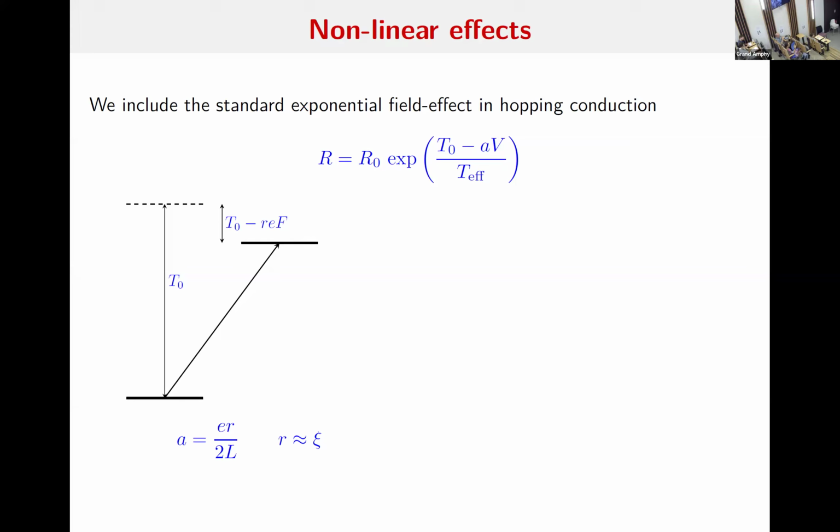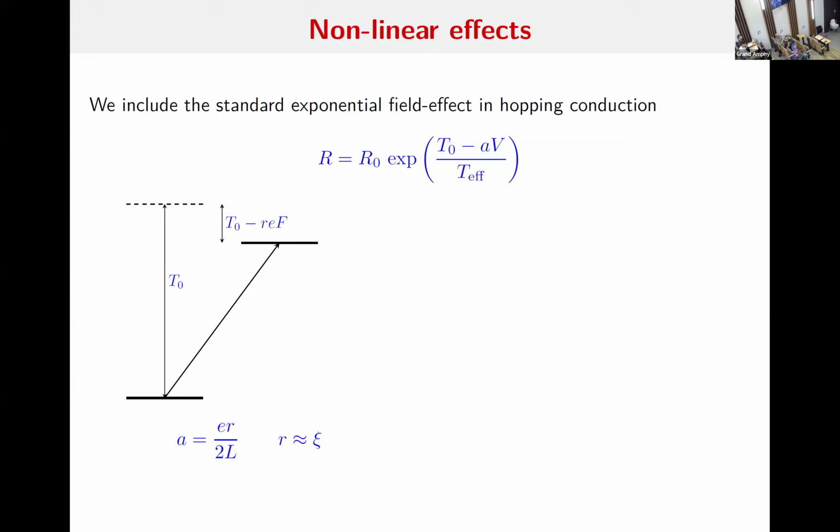The term AP is very well known in the nonlinear behavior of insulators, and it's called the exponential field effect. But there is with the T. And the problem is that if you include T effective here instead of T, you can explain basically most results in nonlinear behavior of insulators.